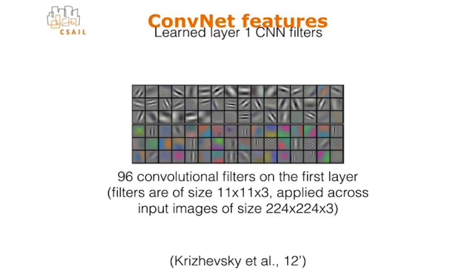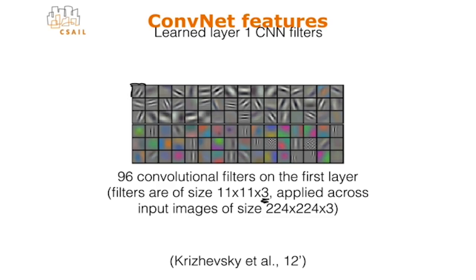All right, so let's finally look at an example of the type of filters that we get as a result of training such a CNN architecture. So remember, in this model, the original image was initially expanded into 96 different feature maps, and each feature map corresponds to a filter. So a little patch, 11 by 11 patch. It has color dimensions as well, so it's actually a cube rather than just a square patch.